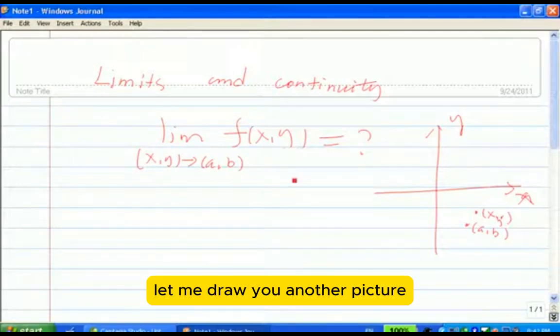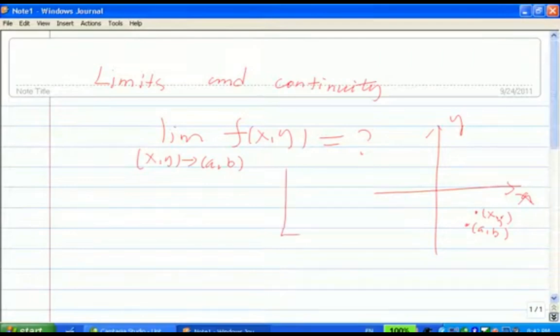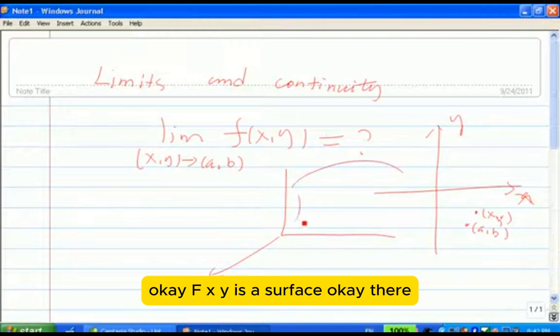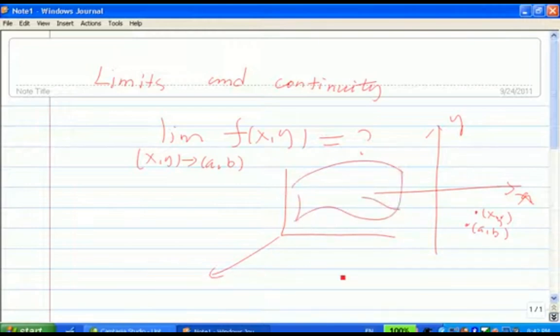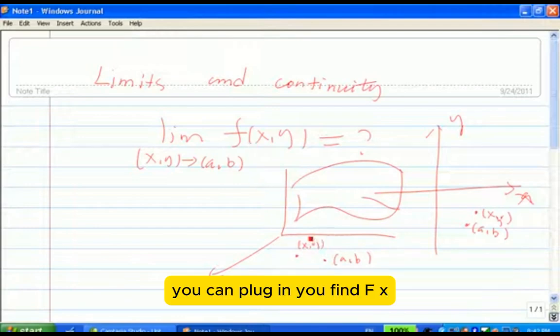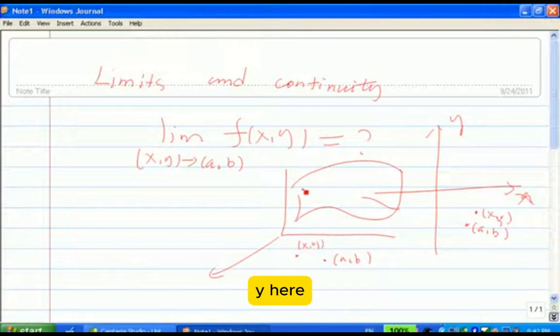Let me draw you another picture. f(x, y) is the surface there. Now, here is (a, b). You pick (x, y), plug in, and you find f(x, y) here.